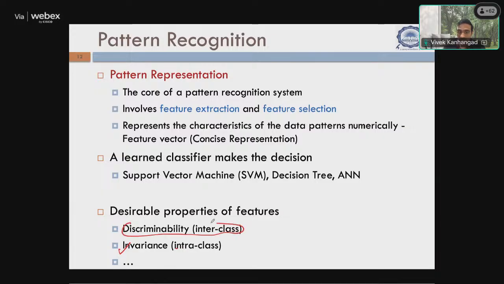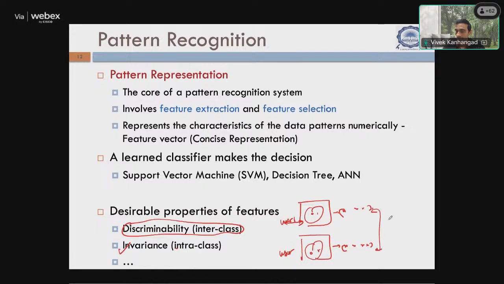For discriminability, you have very clear what you want. For example, think of two images of two different users. This is of user one, and this is of user two. You have a face image of each user. Again, you compute a set of features from this image, and you compute the same set of features from the second image.